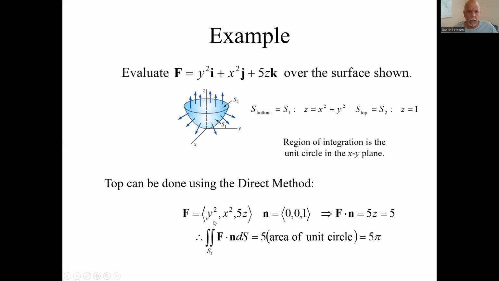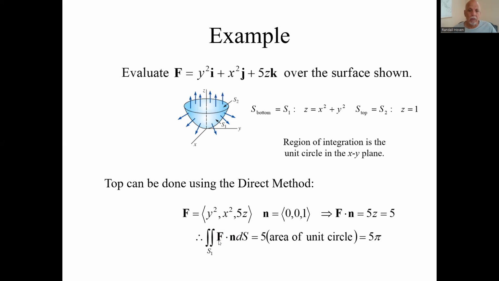Let's see, our F is y squared, x squared, 5z. N is just, we'll use the positive z direction, so it's 0, 0, 1. Then F dot N will be 5z, and z is just constant on that surface, it's 1. So F dot N is just 5, which is a constant.